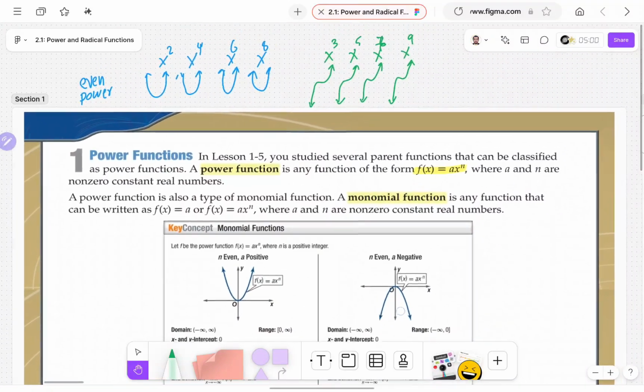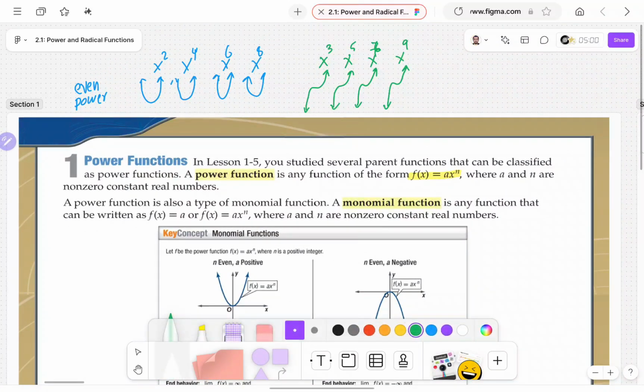Now if we need to extract a function from these, I can extract that the function is f of x equals x to the power of n. This is the rule for the power function. x is to the power of any number, and n can be even, and n can be odd. The difference between them is the graph.